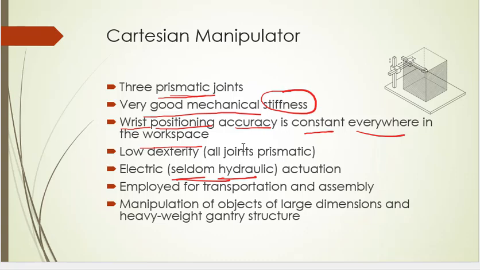Actuation means converting electrical motion to mechanical motion. It is employed for transportation and assembly, and manipulation of objects of large dimension and heavy weight.